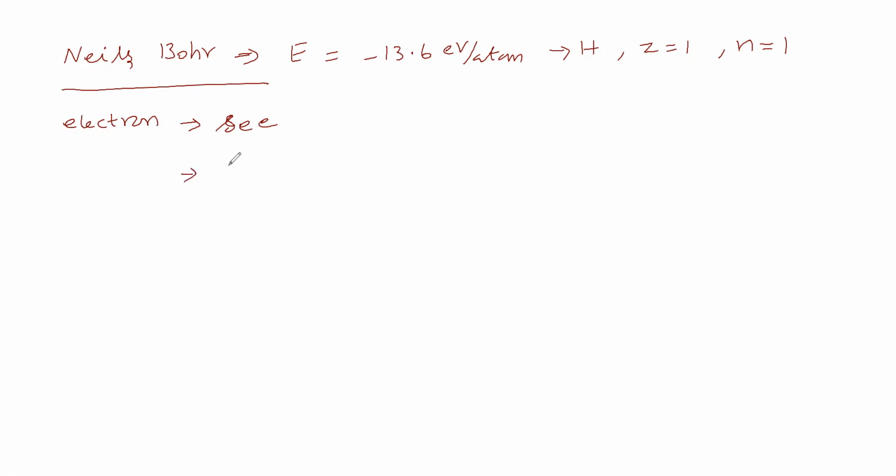We cannot see the electron. Next, can we handle the electron, by taking the electron and placing it on a weighing box and finding the mass like this? We cannot handle the electron. We can't see the electron. We can't handle the electron.